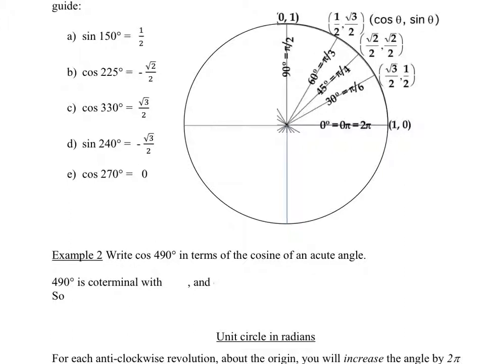So what we're asked for here is just in terms of a cosine of an acute angle. We're not actually asked for the actual number. So 490 degrees is coterminal with 130 degrees. And we know that cosine of 130 degrees is going to be equal to negative cosine of 50. Therefore, cosine of 490 degrees is negative cosine of 50.